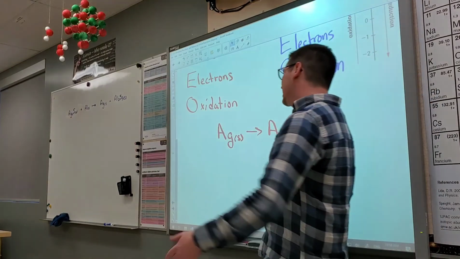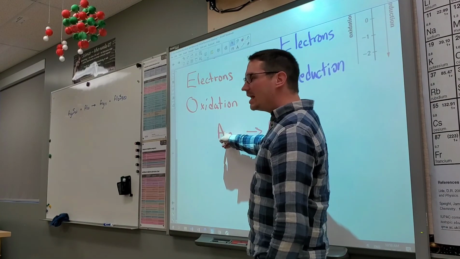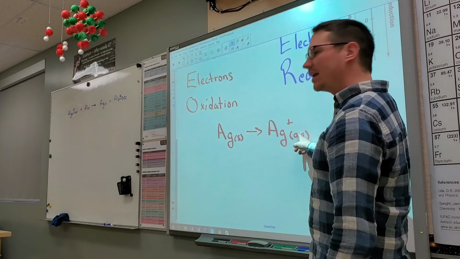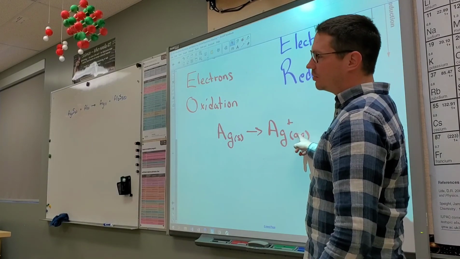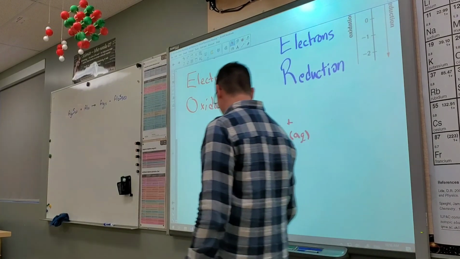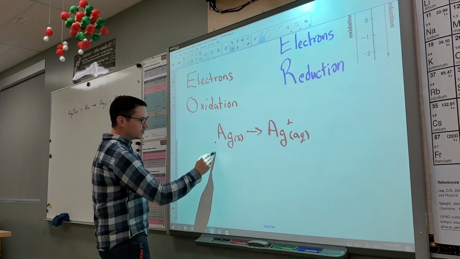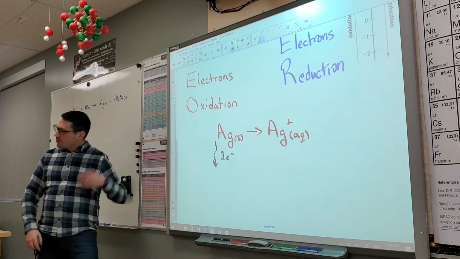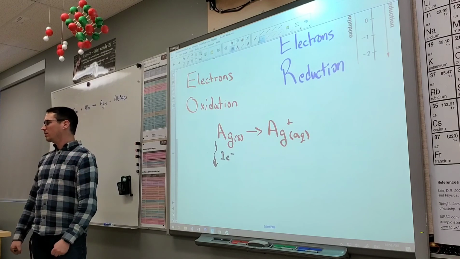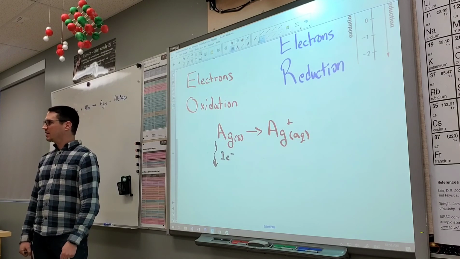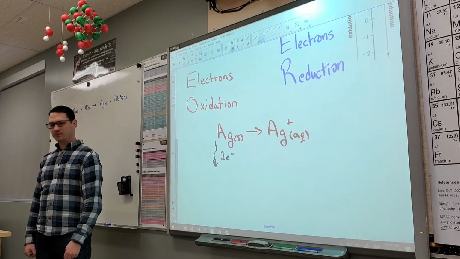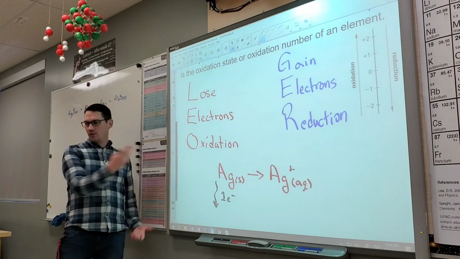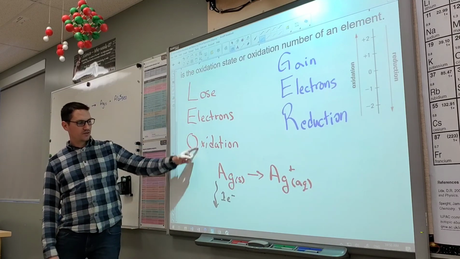So if this silver gained an electron, it would become negative. We became positive, so we obviously lost an electron. So this is the loss of one electron. And when you lose electrons, what is that called? Oxidation. And the way we're hopefully going to remember that is loss of electrons is oxidation.